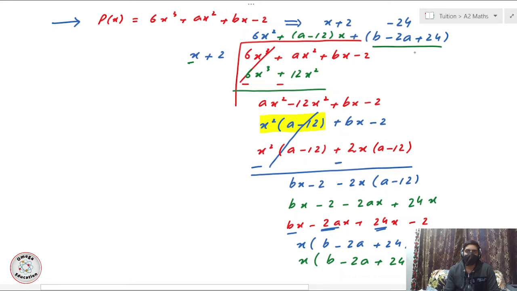And if I multiply this whole bracket by plus 2, I would get plus 2 into the same thing, b minus 2a plus 24.